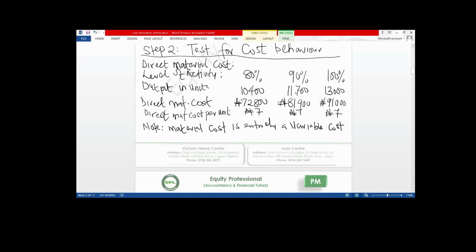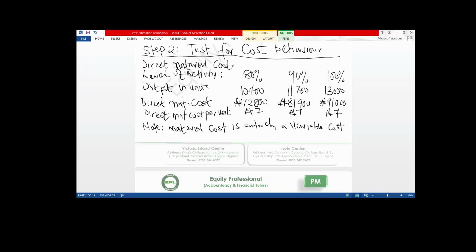As we produce more, 11,700, look at total variable cost here: 81,900. That means as the company is producing more, the total material cost is increasing. As we produce 13,000, the total material cost is 91,000. It also increased. So variable costs vary in direct proportion with production.